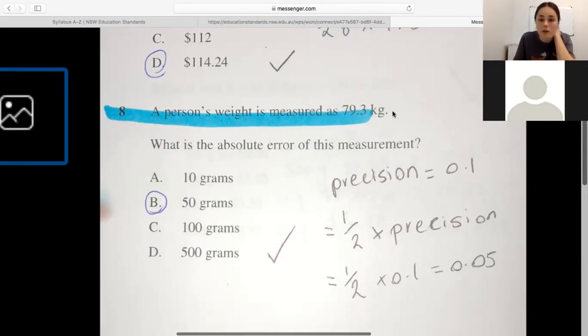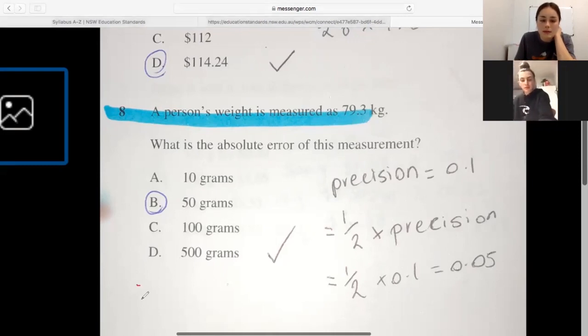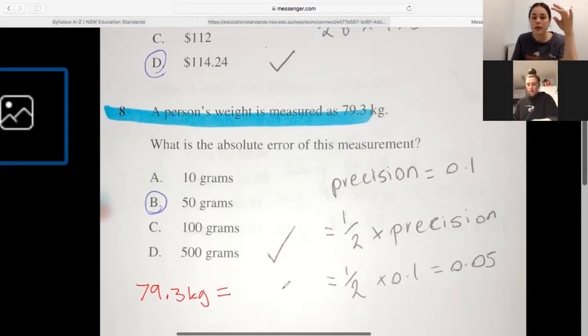Yeah. Cool. So we have 79.3 kilograms. And if we were to write that in grams, it'd be 790. Would that be 7? Would it be like this?